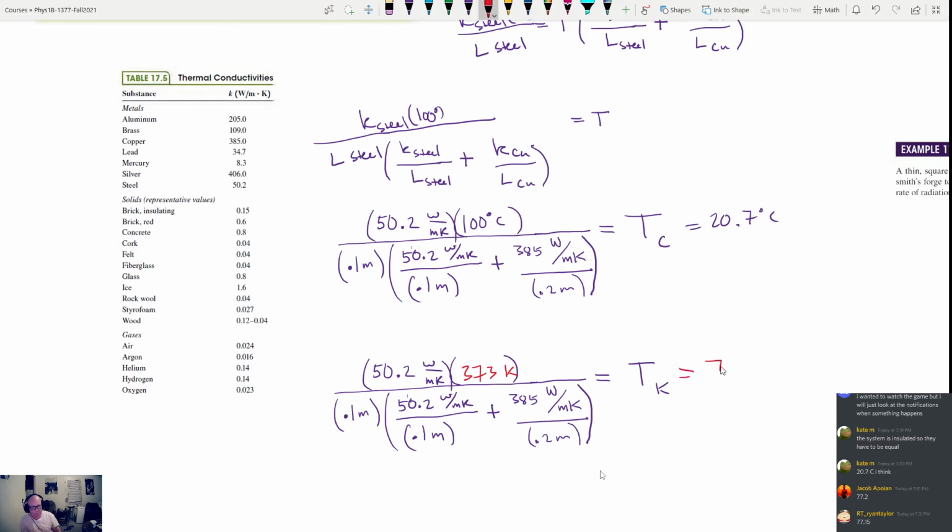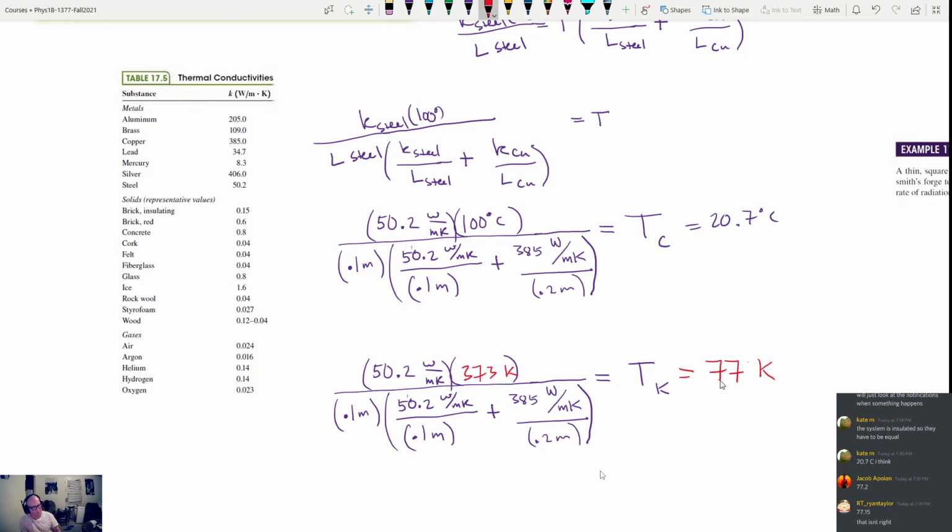Whew, that's pretty cold. 77 Kelvin's pretty cold. Can we just do that? Is it just that simple? We know it's not right, because 77 is way below the freezing temperature of water, which would be 273. So what's wrong about what I just did?